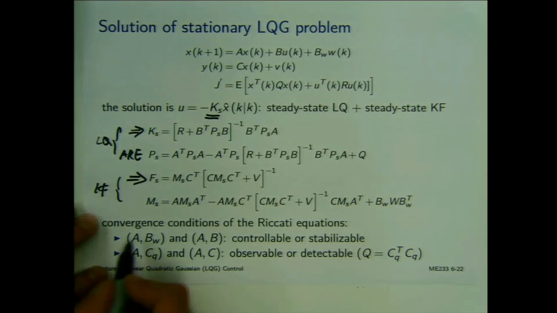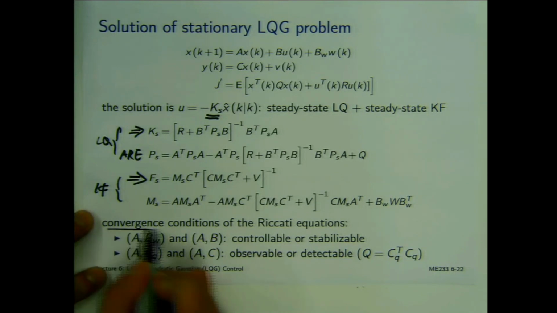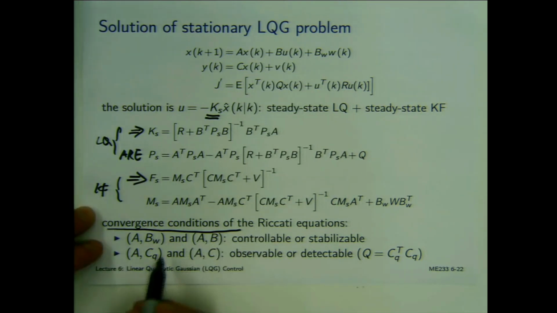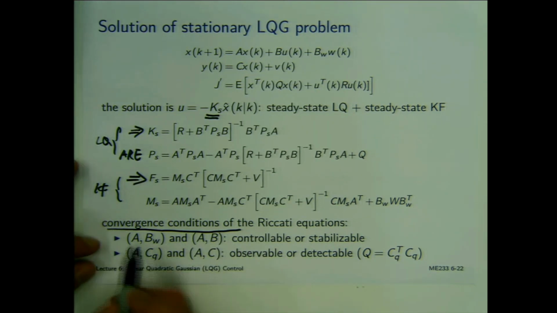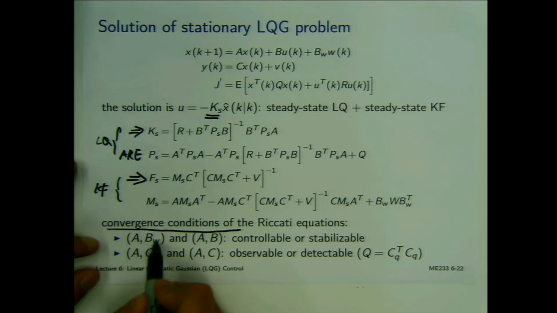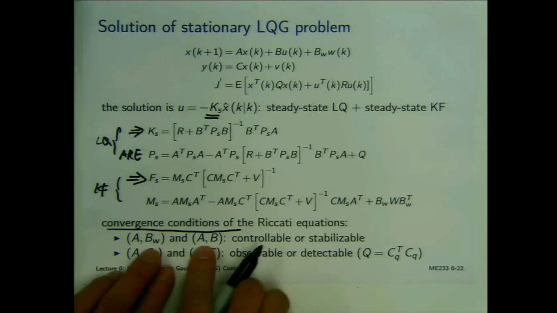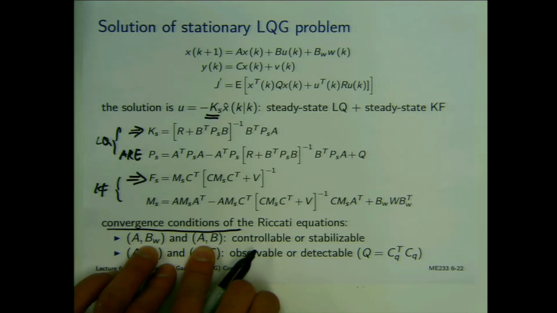Okay? As a review, the convergence conditions for the Riccati equations are the controllability conditions and observability conditions. But in this case, if you take notice here, A, B, W has to be controllable, and A, B has also to be controllable. So think about which one of these is for the LQ problem, and which one is for the Kalman filter. What about the first one?